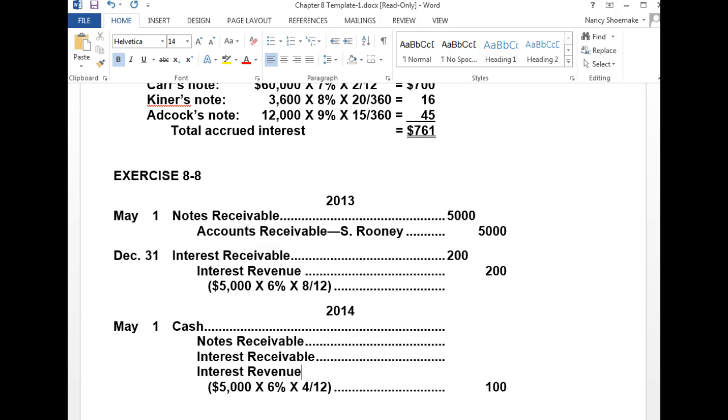Plus, we're going to be collecting the $200 that we showed as a receivable earlier. Plus, our note is going to be $5,000. So shouldn't we be collecting $5,300? Does that make sense, guys?